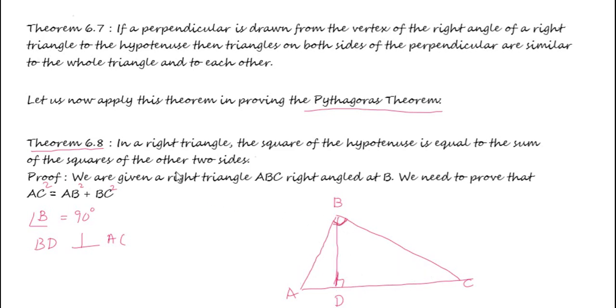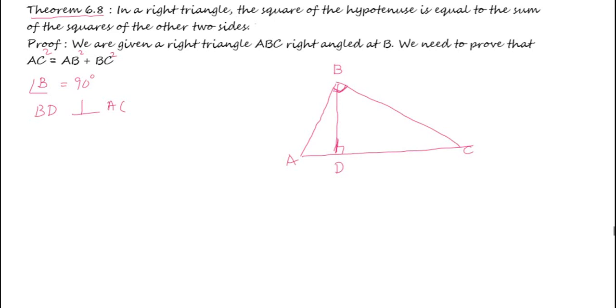Now we need to prove that AC square equal to AB square plus BC square. Angle B is 90 degree. Let us draw a perpendicular to AC from B. In such a case, we have three triangles here, that is ADB, ABC and BDC. Now these three triangles, if you take two at a time, they are similar to each other.